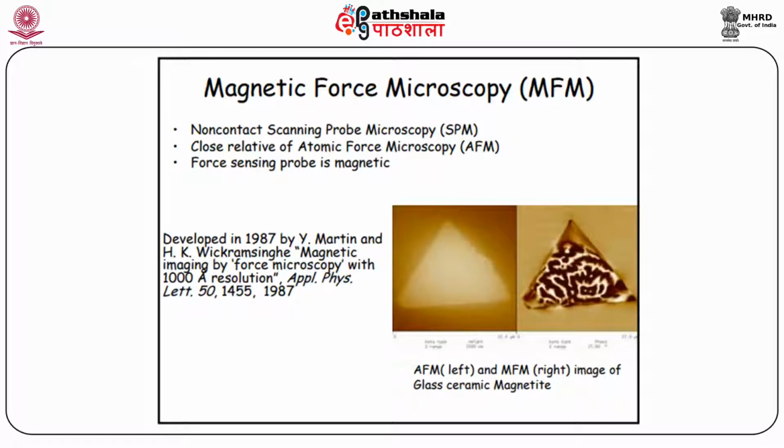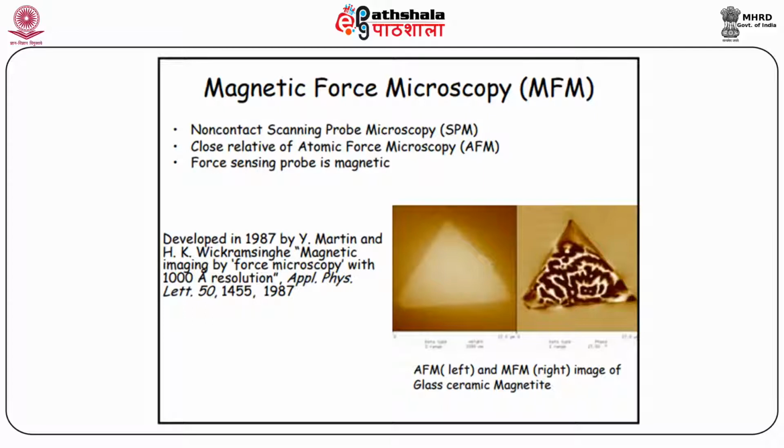This was developed in 1987 by Y. Martin and H.K. Wickramasinghe, in the paper Magnetic imaging by force microscopy with 1000 angstrom resolution, published in Applied Physics Letters in 1987.